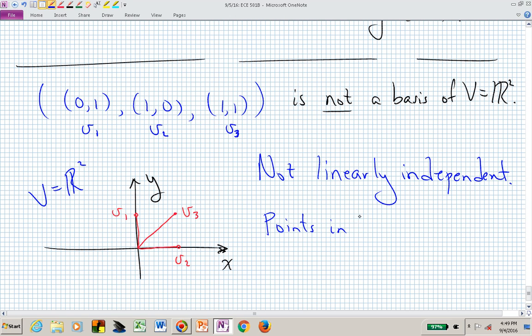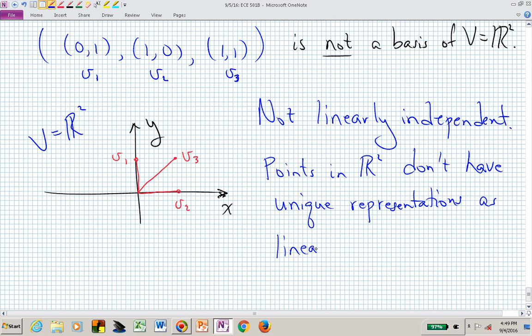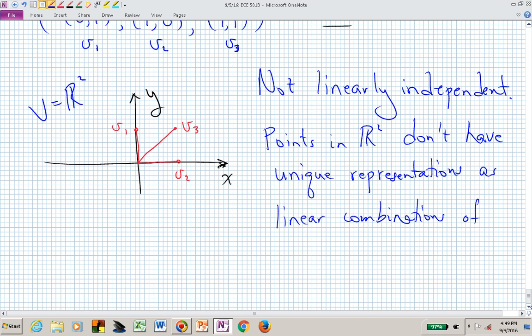Or points in R2 actually don't have unique representations as linear combinations of our three vectors, 0, 1, 1, 0, and 1, 1.